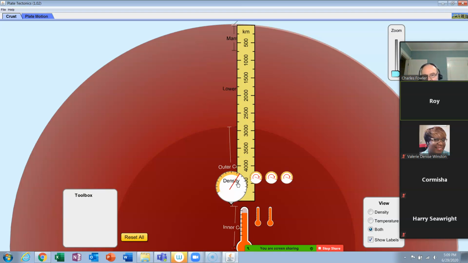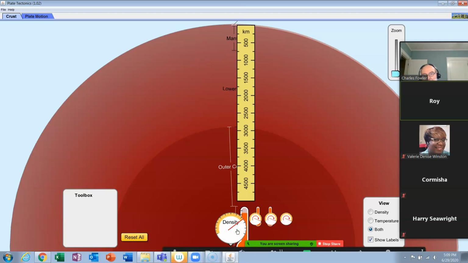Okay? Let's see what the density does when we cross over into the inner core. Not a big shift, but it still gets denser. Okay, let's go to the center and see what it is. It's still getting denser, but you don't have to record this. So it just keeps getting denser the further you go.